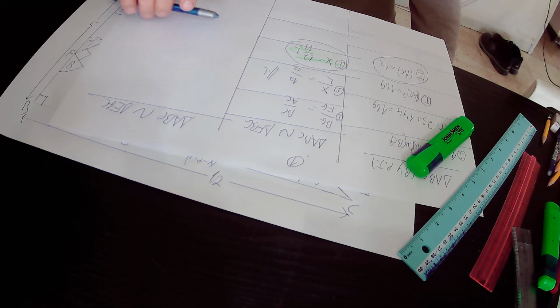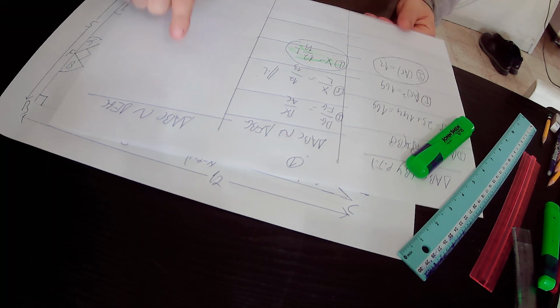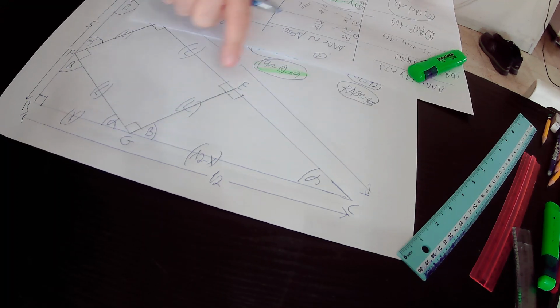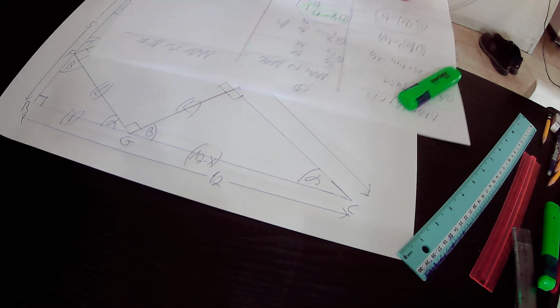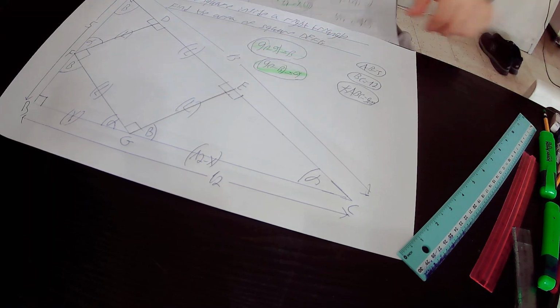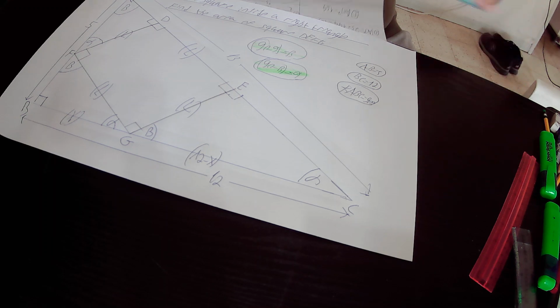Repeat again, the right big triangle ABC is similar to this right triangle EGC according to the angle similarity rule, and therefore the following relationship exists between the sides of those two right triangles that are similar to each other.